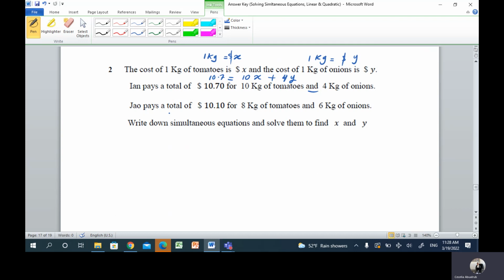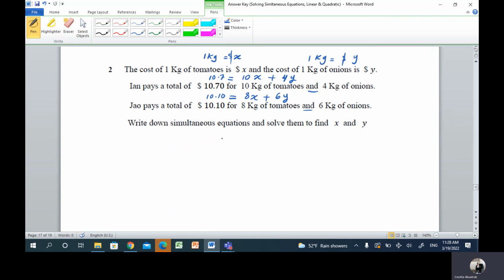And Joe pays a total of 10.10. So 10.10 equals to 8 kilograms of tomato. So it's 8 times the cost of 1 kilogram, which is X, plus, and it means plus 6 kilograms of onions. So 6 times the cost of 1 kilogram of onion, which is Y. So we have now the two equations which we can solve simultaneously.